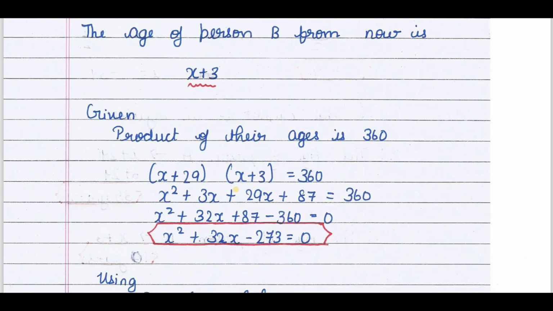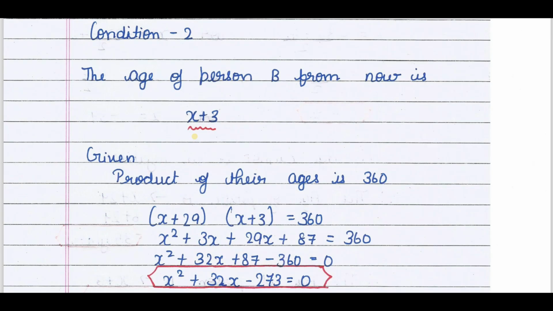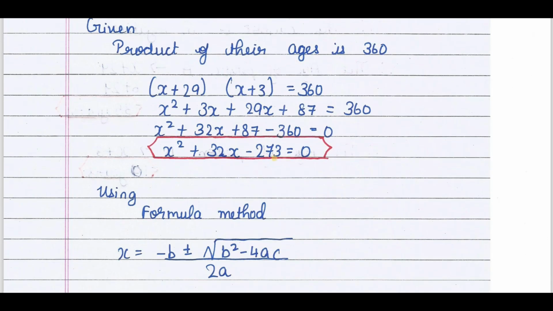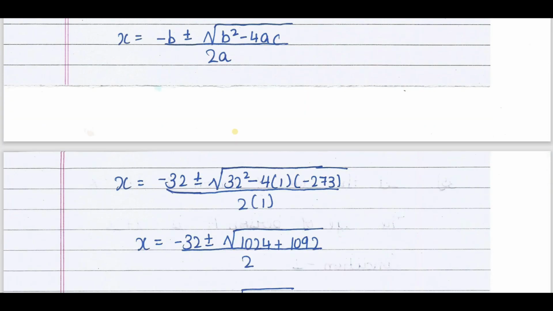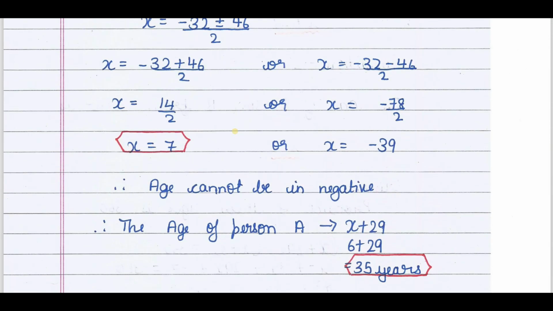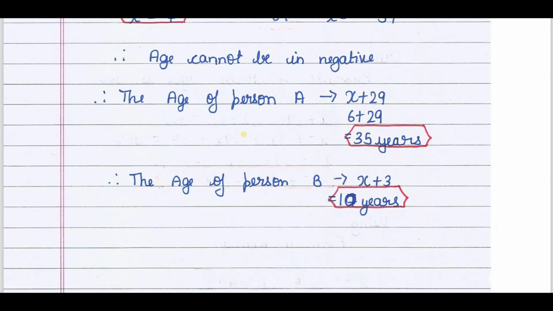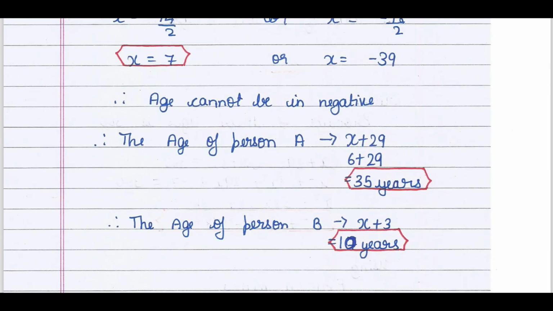Product of ages will be 360. You'll get a quadratic equation like this. By the formula method or factorization method, we get x equals 7 and x equals minus 39. By taking the positive value, we get age of person A is 35 years, age of person B is 10 years.